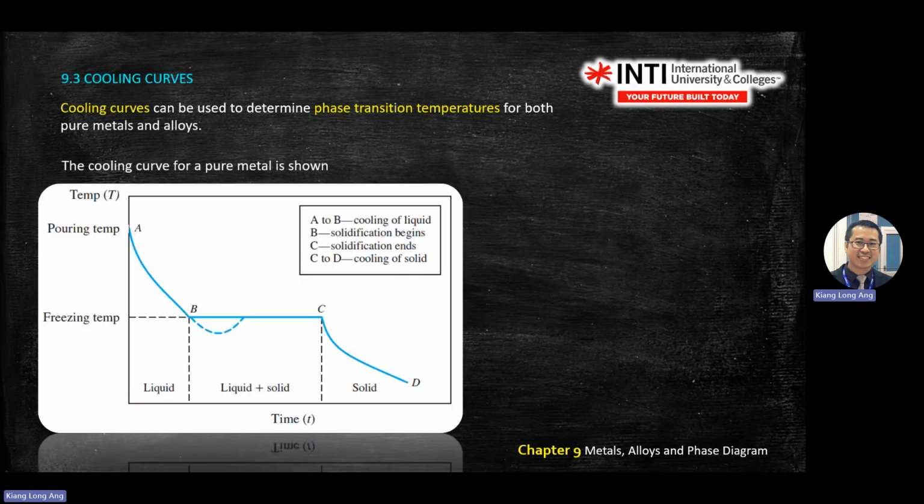Now, in pure metals, again you see 3 phases. You look at the graph here, it is temperature versus time. The axis has changed already. When you drop the temperature, you will see liquid, then at a certain temperature liquid plus solid, and then solid.